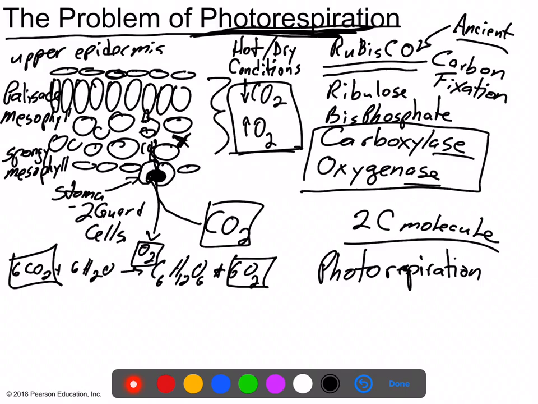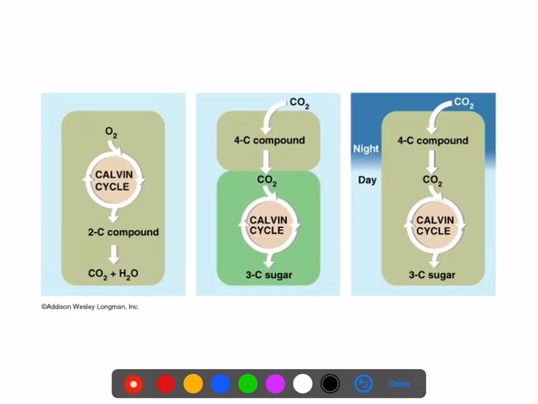So let's take a look at some visuals of how some plants get around this issue. Because we do know that there are plants that survive perfectly well in hot, dry environments. You're probably thinking of things like cacti, right? Desert plants. So some plants have figured out a way around this issue of photorespiration.